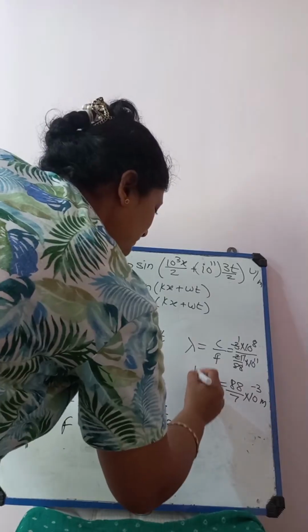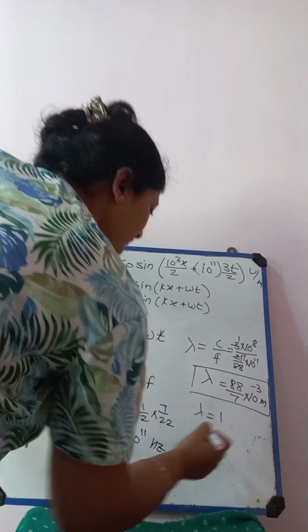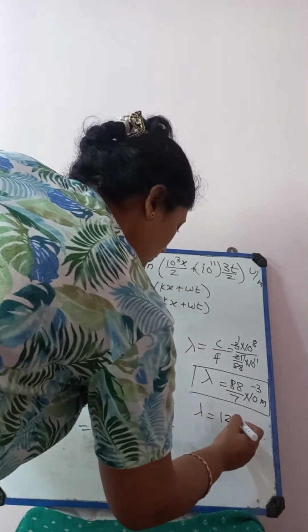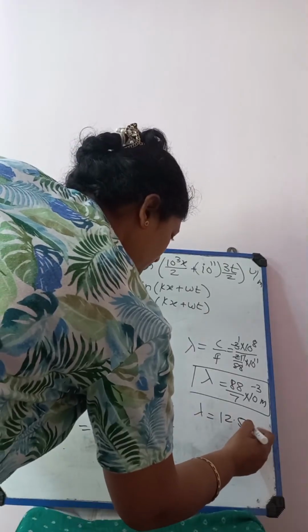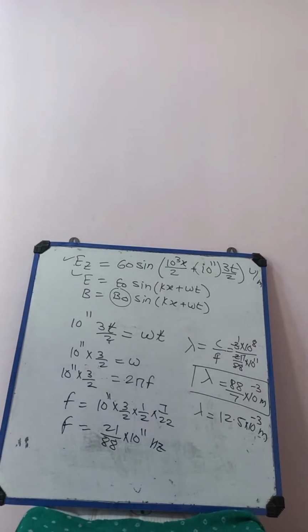You can simplify and you will get the answer, 2.5 something into 10 raised to minus 3 meter is the lambda. So like this we have to find out. You can solve this as a puzzle, then definitely you will get the answers. Okay, copy this.